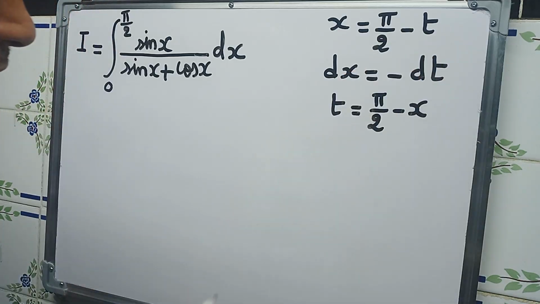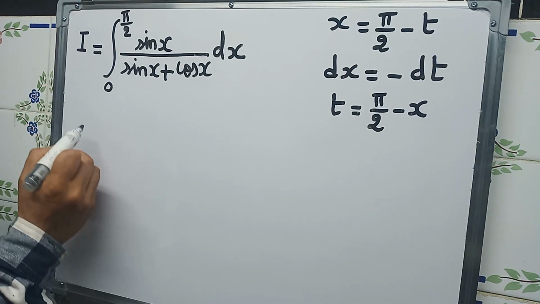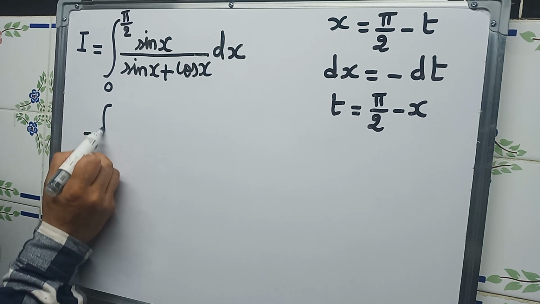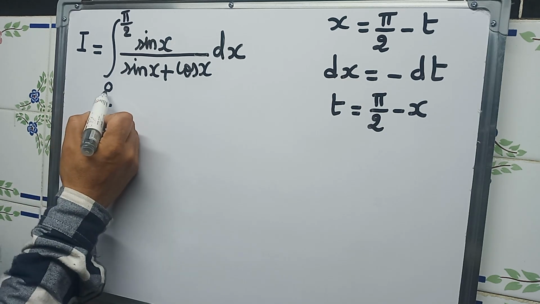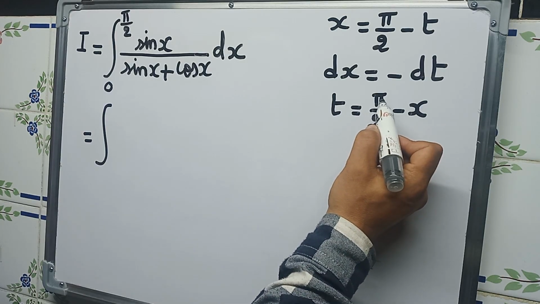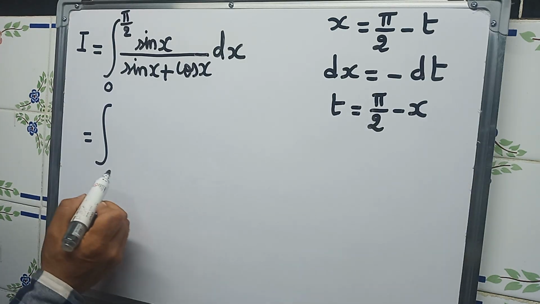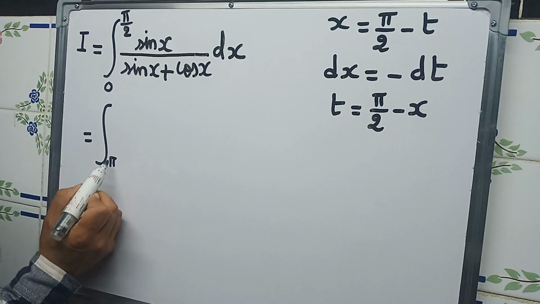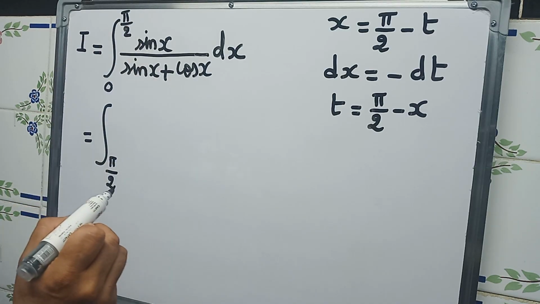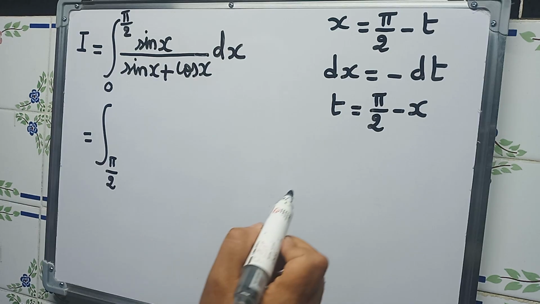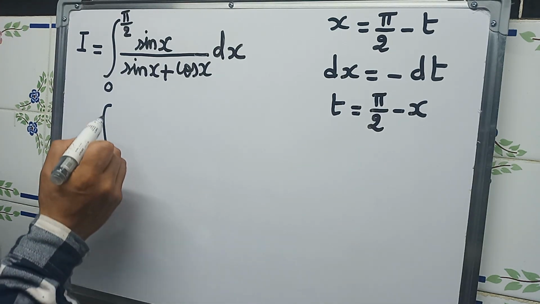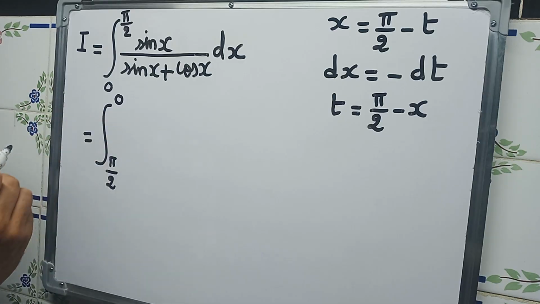Now, with this change of variable, x equal to 0 means that t is equal to pi over 2 minus 0, which is pi over 2. And with x equal to pi over 2, we will have t equal to pi over 2 minus pi over 2, which is just 0.